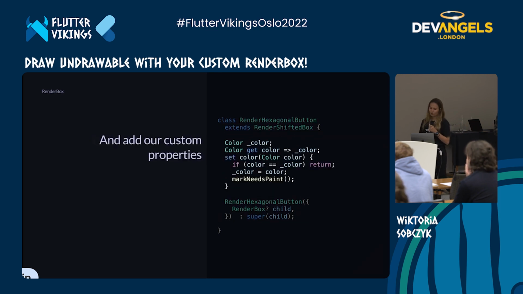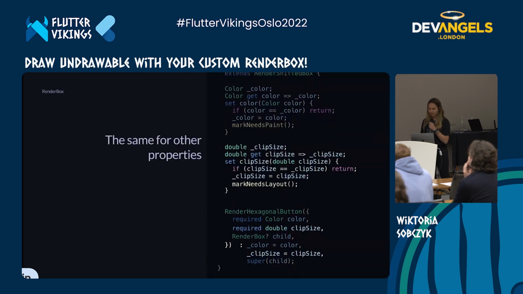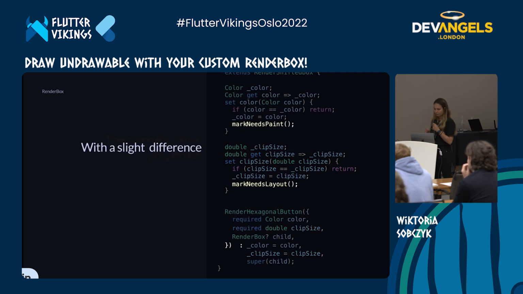So firstly, we add some custom properties. Firstly, we add the color. We have one method, mark needs paint, that I will deep dive into and describe later. And we assign it in our constructor. And we add our clip size property, which is similar to our color property, but with one slight difference.